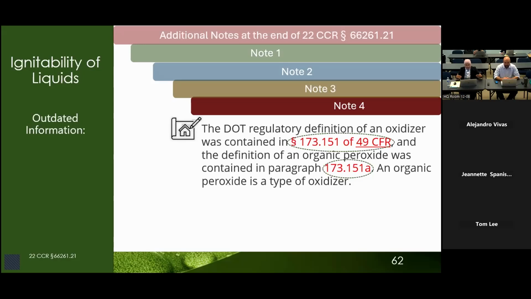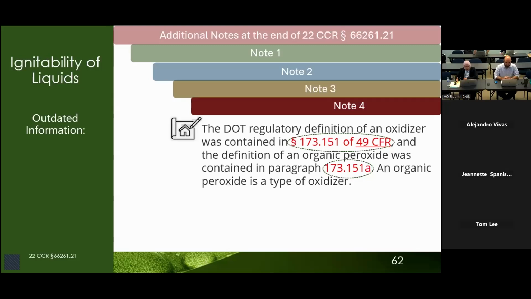Rather, these regulations are about the exceptions for class 4, which is a totally separate topic than what these references navigate us to. California is still carrying the old text referencing these old US DOT sections. US EPA already removed these additional notes, which carry outdated and unnecessary information, while California did not revise it yet.